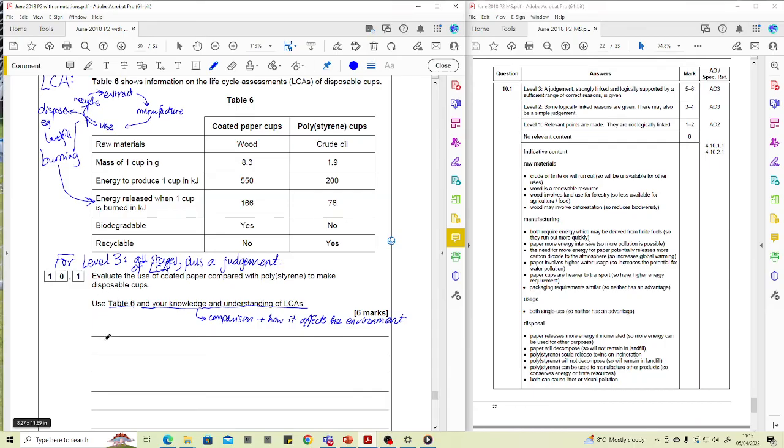Okay then, so let's start with extracting the materials. So we have crude oil is finite. Therefore, polystyrene is a non-renewable.